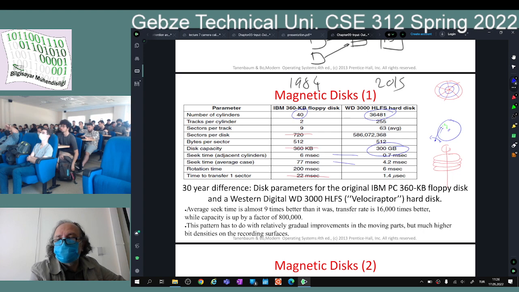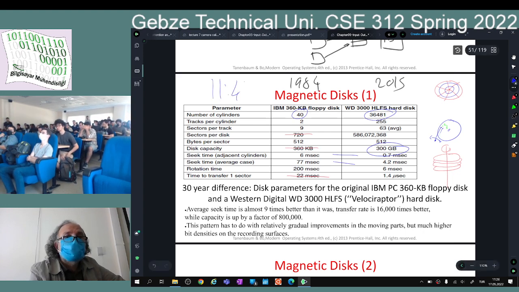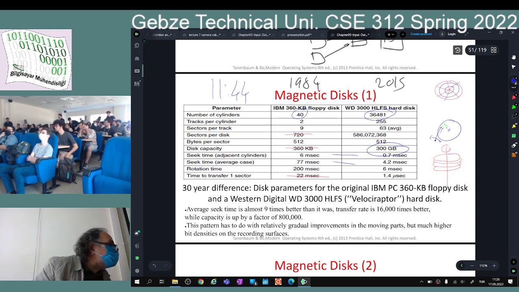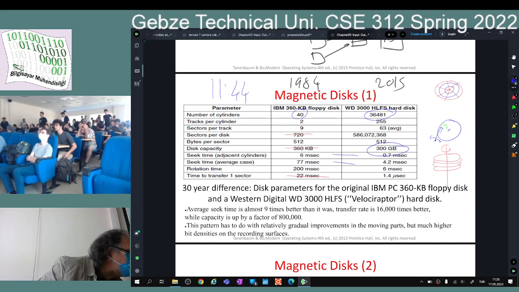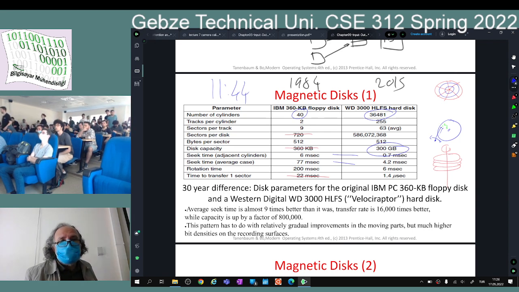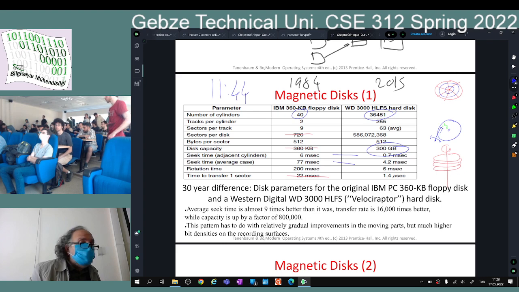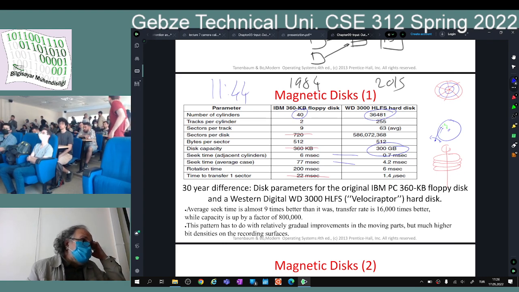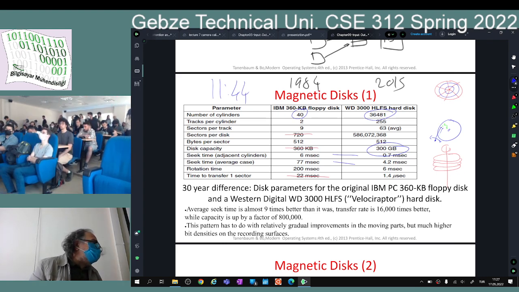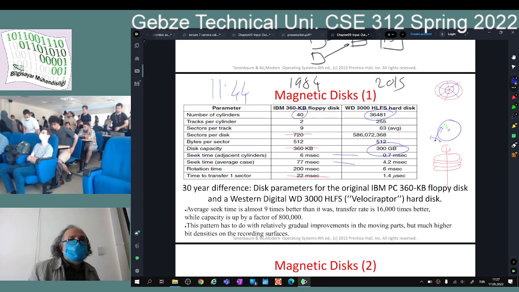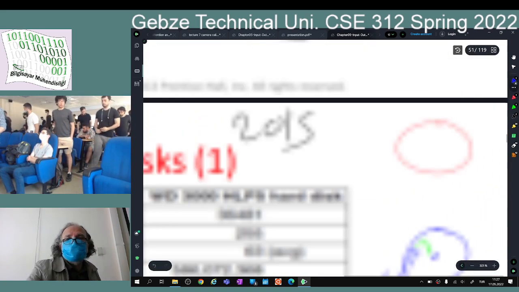Can I ask you a question? Bytes per sector stay the same. Bytes per sector? Yeah, it's the same. After 30 years, why is it the same? Because you don't want to change your sector size, because file systems use it. But your sectors are very small.